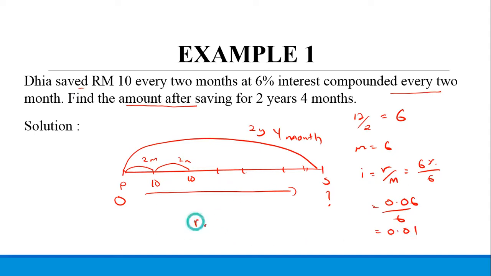For n, the time is 2 years 4 months, so t is 2 plus 4 divided by 12, which gives 7/3. N equals m multiplied by t, which is 6 multiplied by 7/3, so you get 14. N is 14 and i is 0.01.